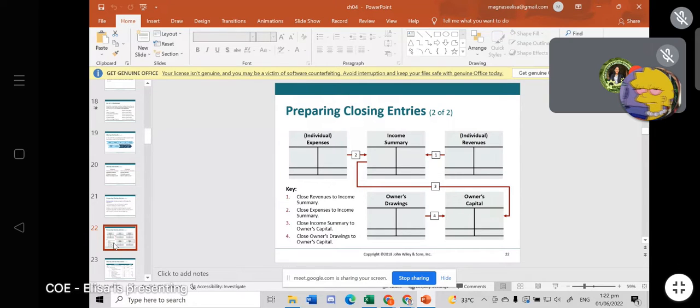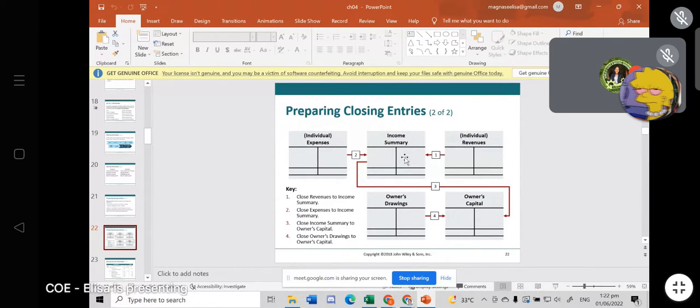we close to the income summary account. If you look here, you have an income summary account ledger. It is what our attorney opened earlier.